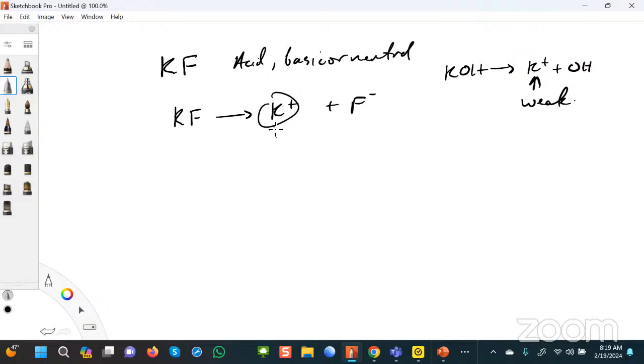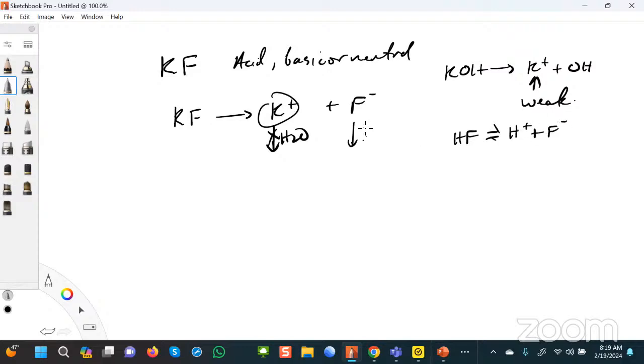So therefore, this will not react with water at all. No reaction will take place between the potassium and the water. On the other hand, the fluoride ion is a very weak acid, or is formed from a very weak acid.